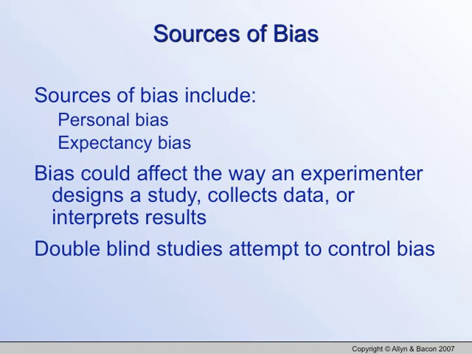Now, if the physician who's obviously conducting this research knows who's getting which drug, they may accidentally hint or put more emphasis on the experimental group than on the control group.